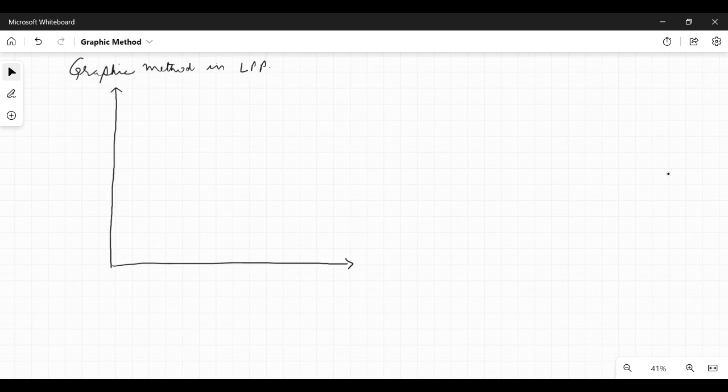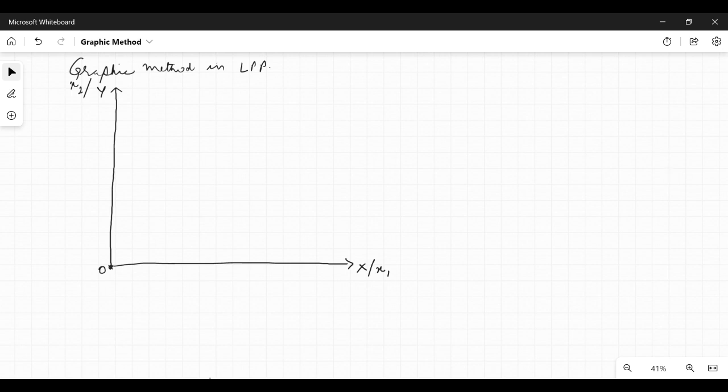So, this point where the two lines meet, that is the point of origin. And this horizontal line is known as x-axis and vertical line is known as y-axis. Or if it is given in the question that there are two decision variables x1 and x2, then we take x1 for this x-axis and x2 for this y-axis.